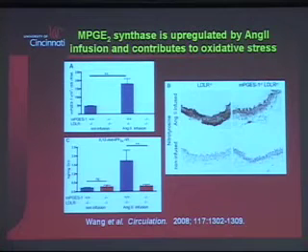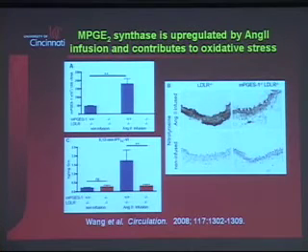Now, what was most interesting to me was, in the wild-type mice, first of all, when they infused angiotensin II, they saw a large increase in the expression of the microsomal PGES1 synthase gene, and this was fairly specific in their hands. Note, of course, that when they looked at the knockout mouse, they couldn't see any expression, as expected. What was most intriguing, however, was that in the presence of the Ang2 infusion, there were large increases in oxidative stress, as noted by the isoprostane formation, and this was completely eliminated by knocking out the PGES1 gene.